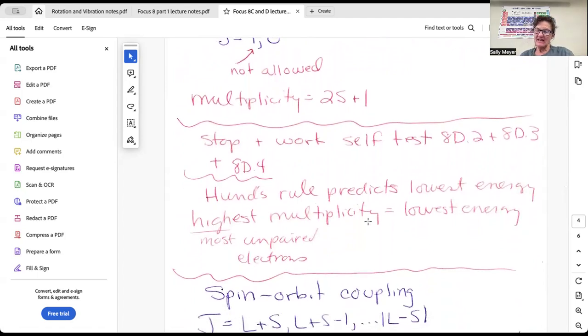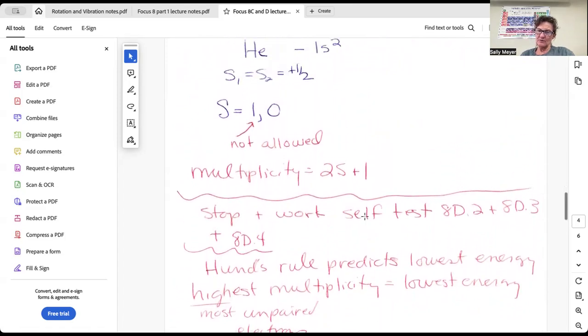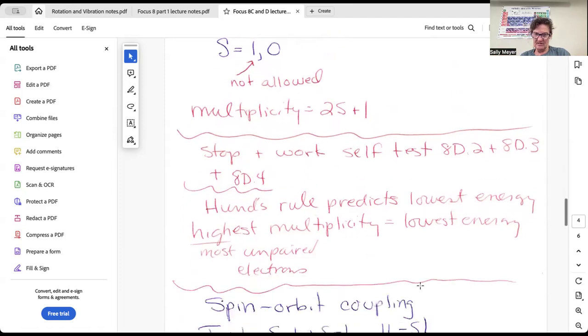The one with the highest multiplicity gives you the lowest energy, because the highest multiplicity means you have the most electrons spinning in the same direction. So for example, if you had a p3, 1 electron in each of those p orbitals, Hund's rule says the lowest energy is when they're all in the same direction. That would have the highest S value and therefore the highest multiplicity. So the highest multiplicity equals the lowest energy.